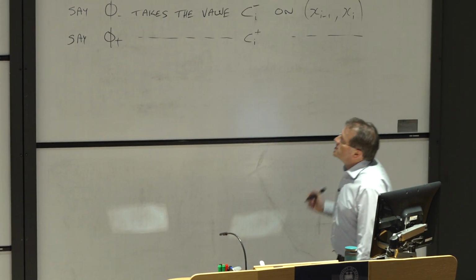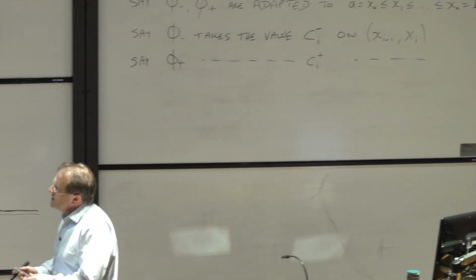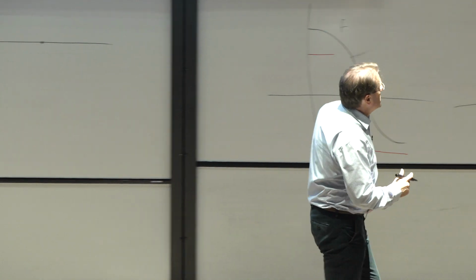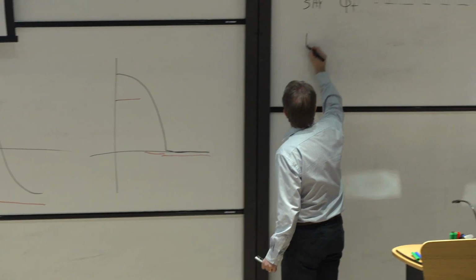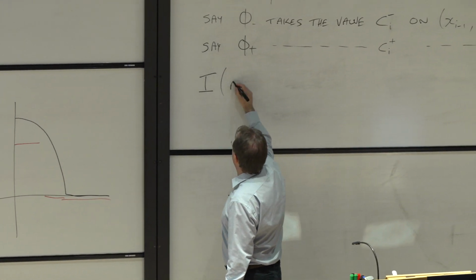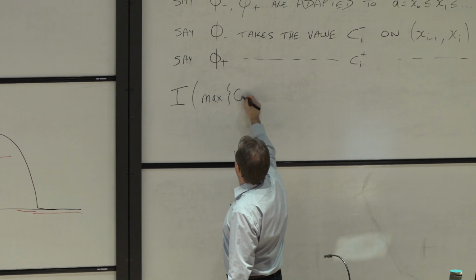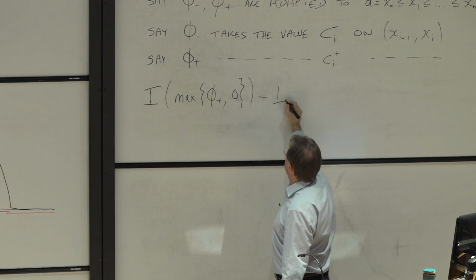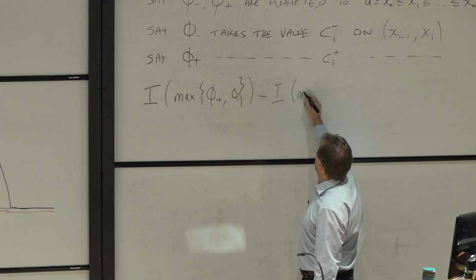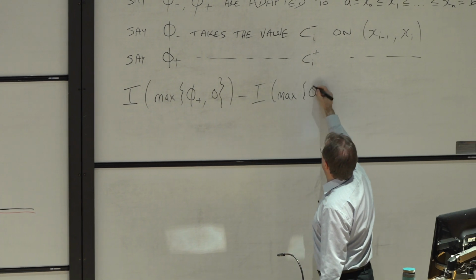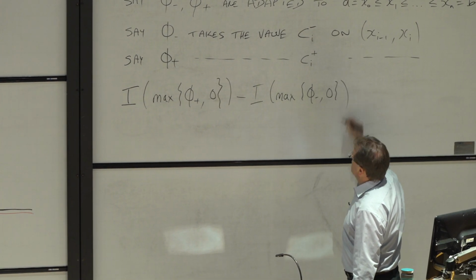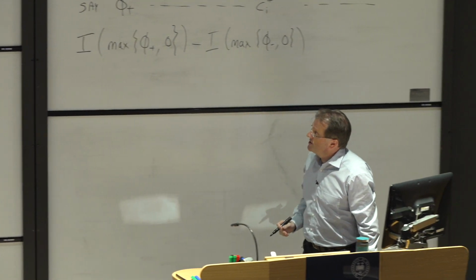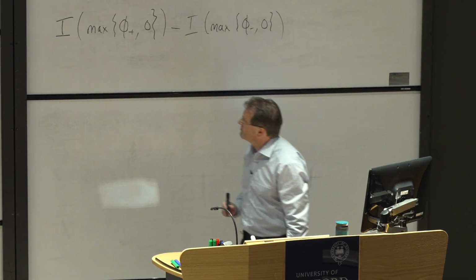Okay, so what I want to do is look at the difference of these two integrals. We're interested in the integral of the max of phi plus and 0 minus the integral of the max of phi minus and 0. And I want to find an upper bound on that. I want to show that it's at most the integral of phi plus minus the integral of phi minus.